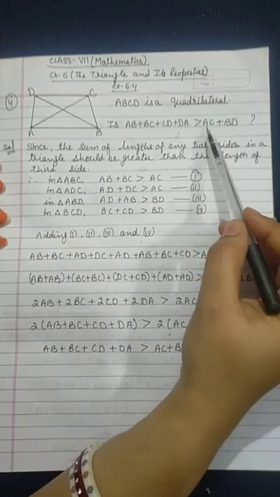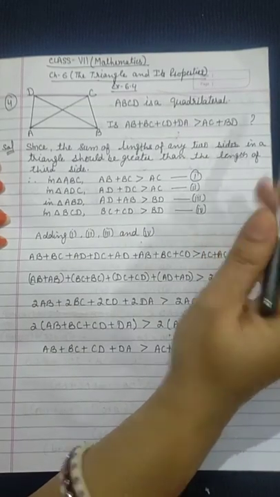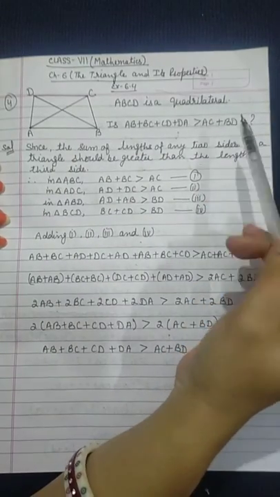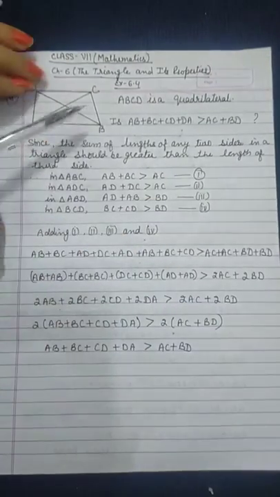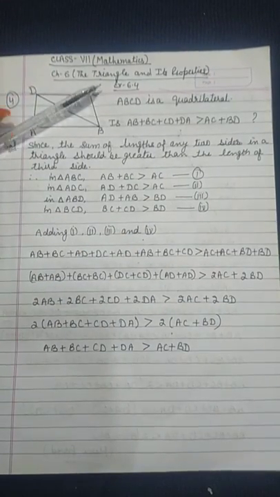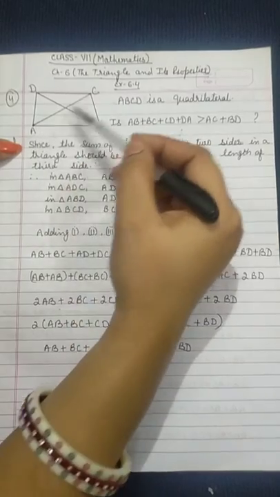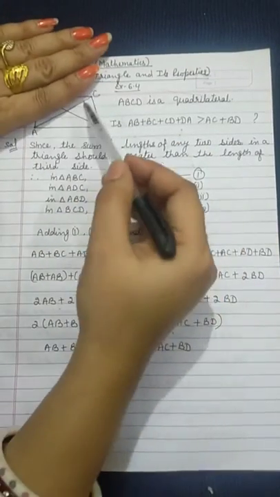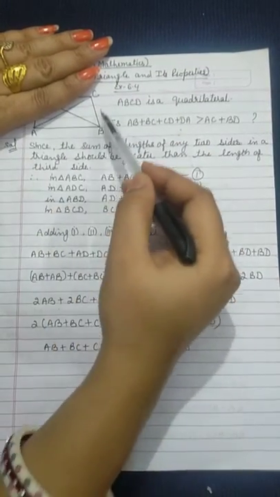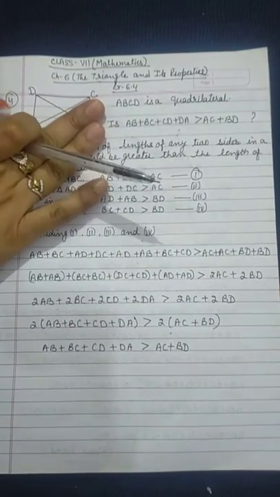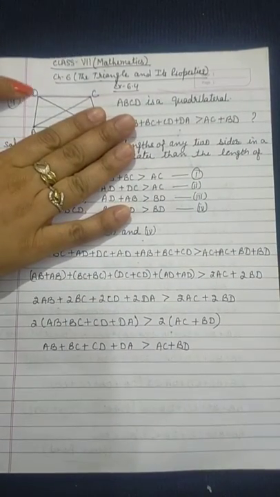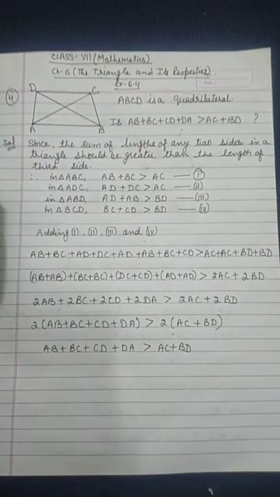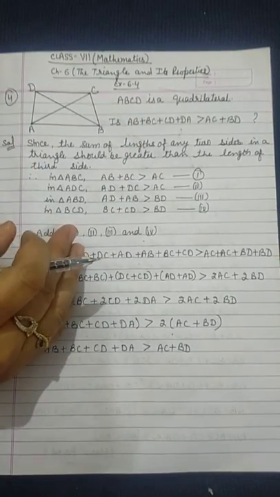First of all I want AC and BD on the right hand side. On diagonal AC, two triangles are going to form. With the help of AC, there is triangle ABC, and with the help of AC, there is triangle ADC.